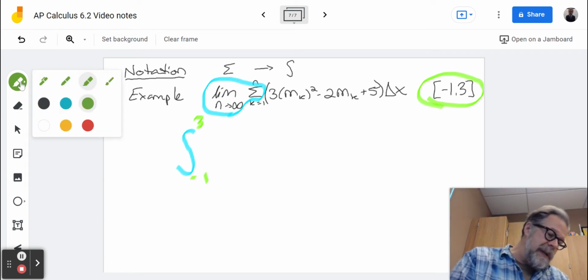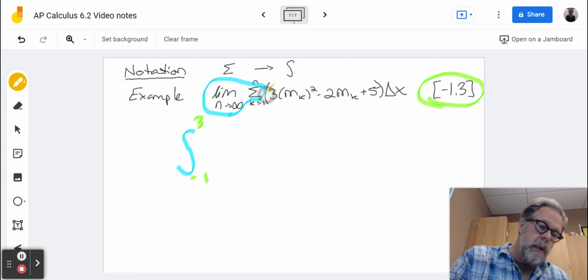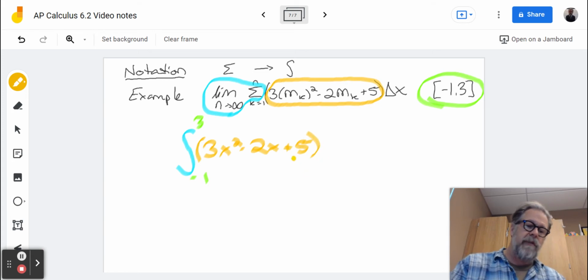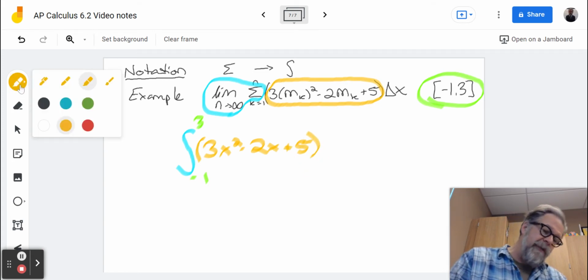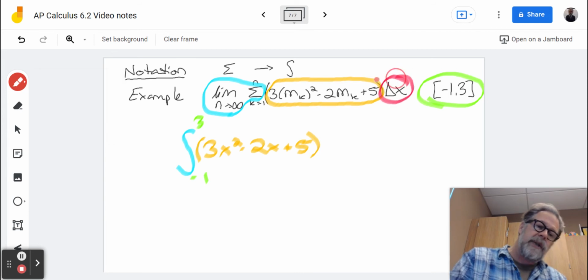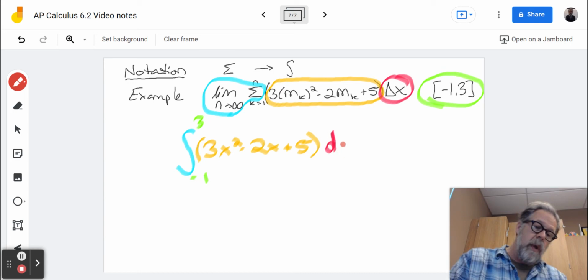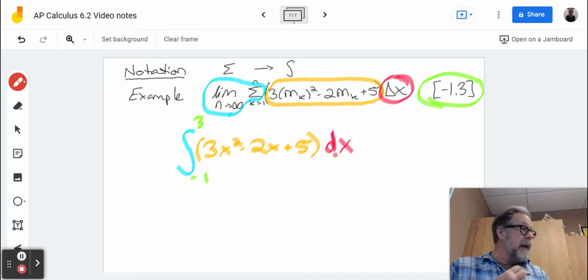Our function we're going to rewrite as 3x squared minus 2x plus 5, because this is in fact just a parabola. And finally, delta x: remember when we take the limit as delta x goes to 0, we end up with dx. So there's the four parts.